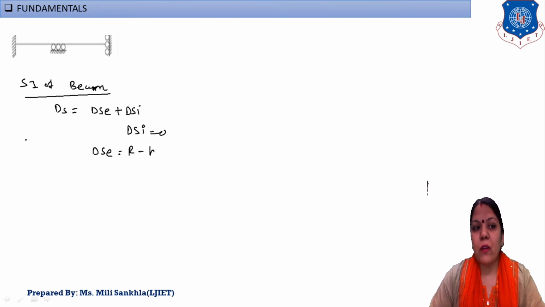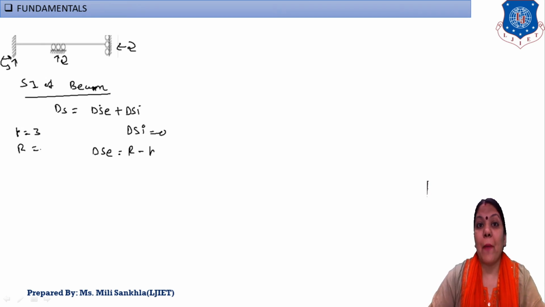Here no internal hinge is given, so small r is equal to 3 and capital R is equal to, find it: fixed support 1, 2 and 3, and here horizontal guided roller is given, so our support reactions are vertical and moment. Here vertical guided roller is given, so our support reactions are horizontal and moment. 1, 2, 3, 4, 5, 6, 7. Capital R means 7.